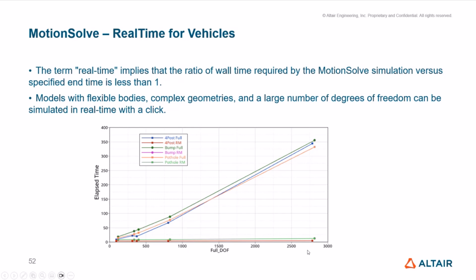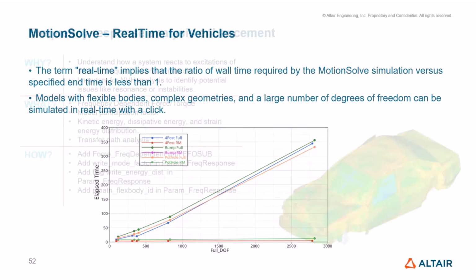As the degrees of freedom increase, the regular model's simulation time keeps increasing, whereas the real-time model was running within the end time. So this is about the real time.